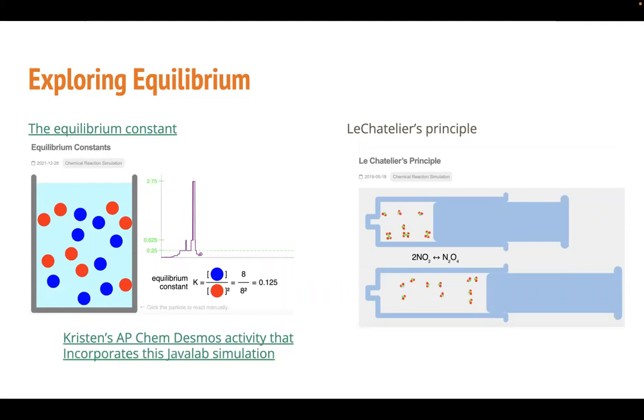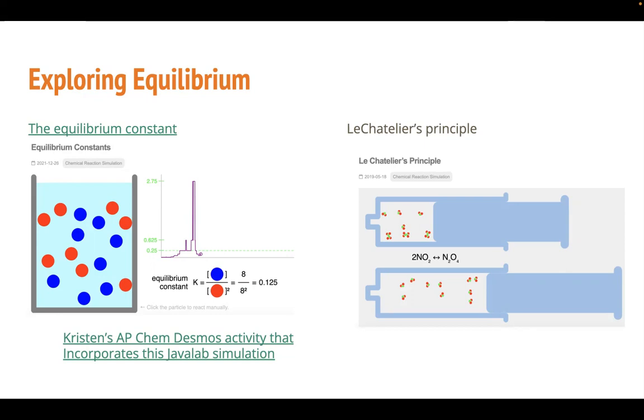It's again a visual way, because I know that in AP Chem, being able to make that connection is helpful. And then there's a Le Chatelier's principle one, about volumes of gases and how the volume of the gas sample will affect the equilibrium position. You can explore that visually.